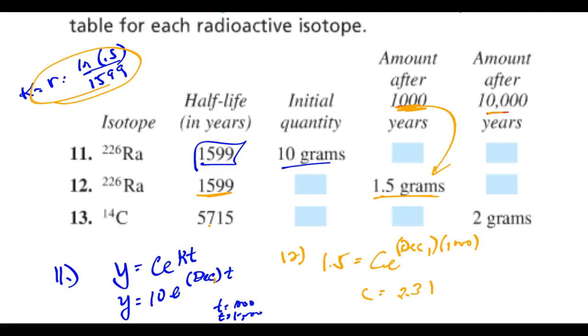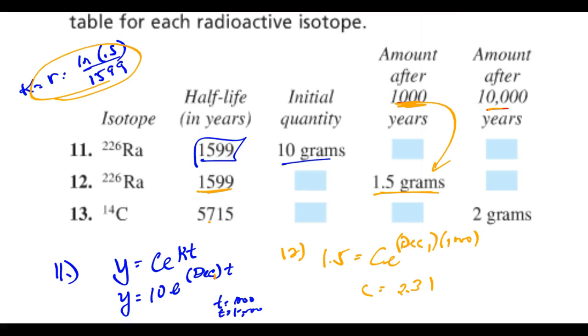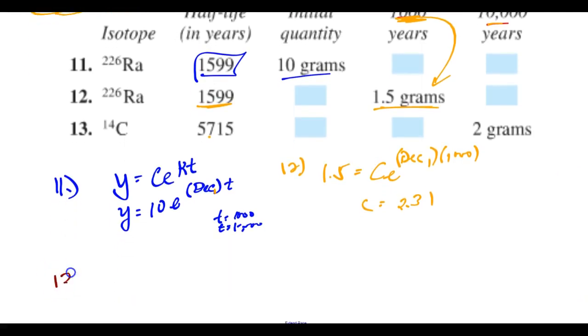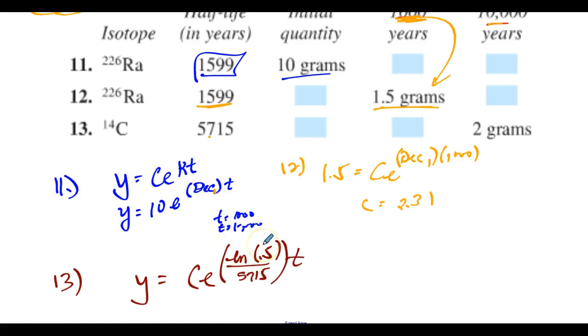For number 13, it looks like the rate's going to change just a little bit. So it's going to be y is equal to Ce^(natural log of 0.5, not divided by the 1599 but now divided by 5715, times t). So the decimal changed a little bit. And this time y is 2 grams after t is 10,000.